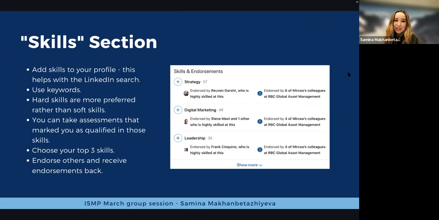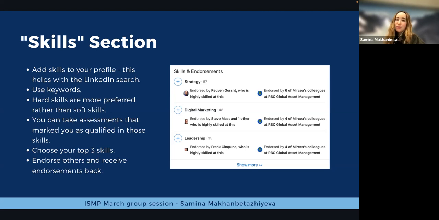Now the skills section. This one is one of the most searched criteria through which recruiters are usually searching. This is the section of your profile where you can add any of your skills that you would like to highlight.